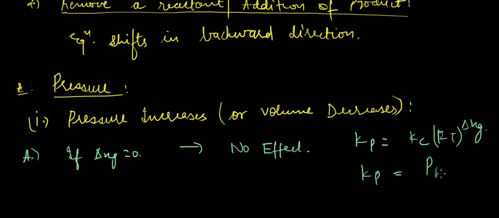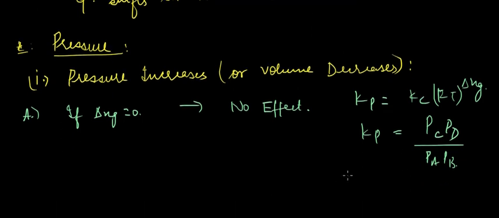Let's say C and D were products, so partial pressure of C times partial pressure of D divided by partial pressure of A and B, and partial pressure is nothing but the mole fraction times total pressure, so Xc times Xd divided by Xa times Xb, times P to the power delta ng.